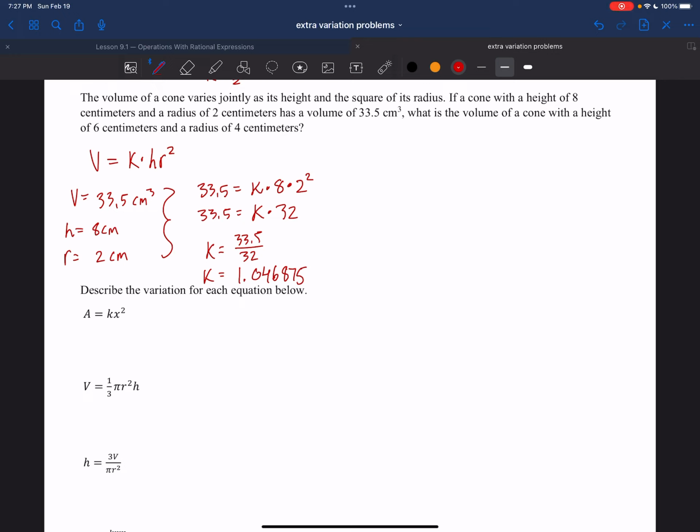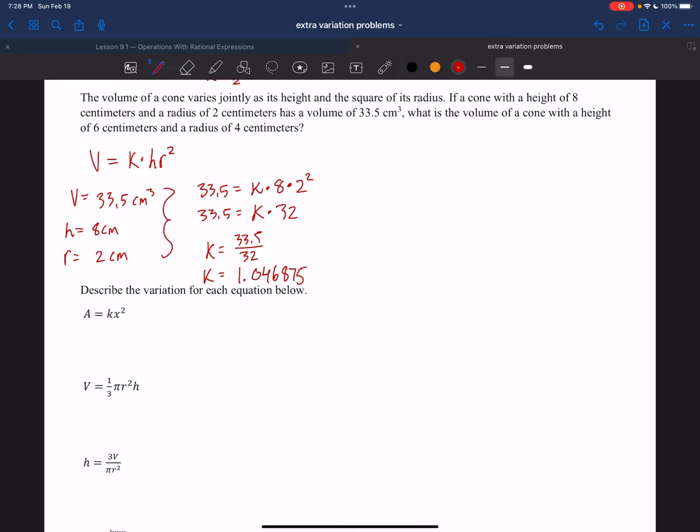By the way, I'm kind of curious here. By the way, that's pi over 3. If you want to take your calculator and do 3.14 divided by 3, you get 1.04667, because the sixes are repeating. So this is a very close approximation for pi over 3.